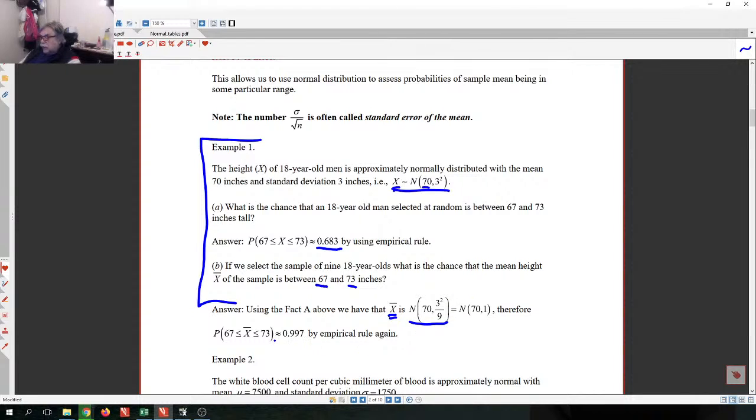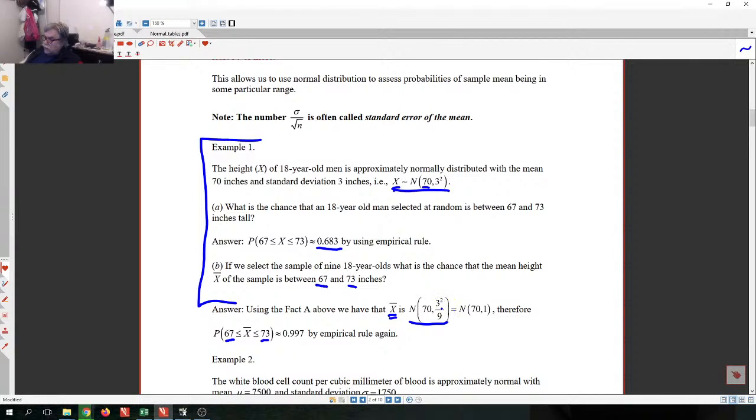So the question here is, what is the chance that the mean of 9 18-year-olds will be between 67 and 73? If I randomly choose a sample of 9 of them, what is the chance that that mean, the average height of those 9 individuals, is going to be between 67 and 73? And the answer is again easy.